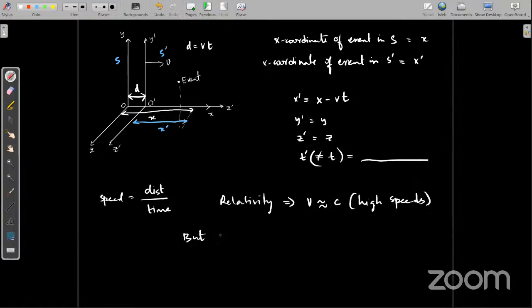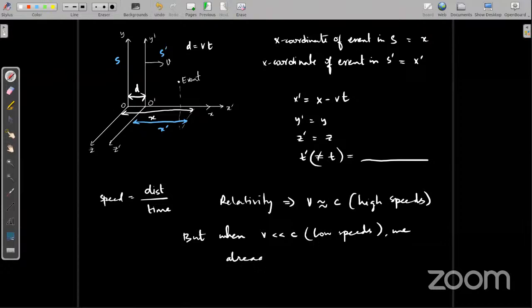But when v is much less than c, which is low speeds, we already have Galilean relativity. So this is a very special condition that is to be imposed on the Lorentz transformation, such that no matter what transformation equations you eventually get, for low speed limits it must boil down to the Galilean transformation equations.